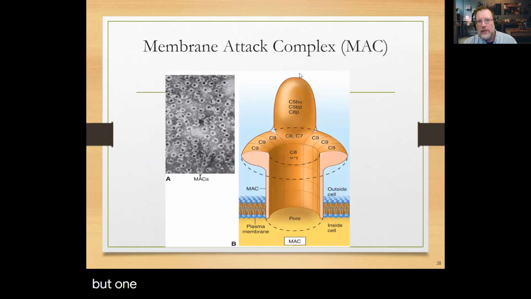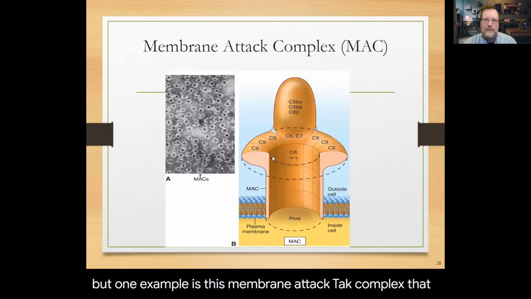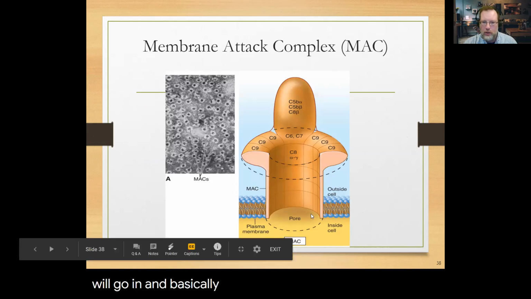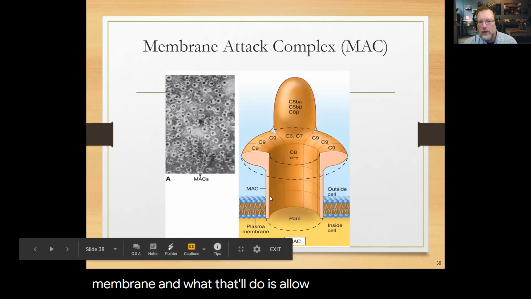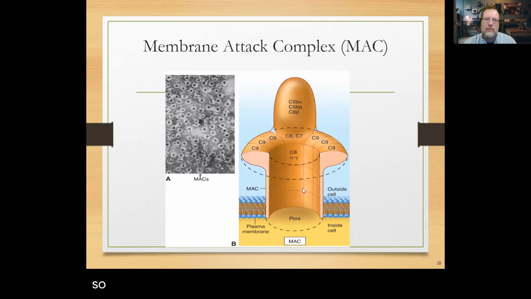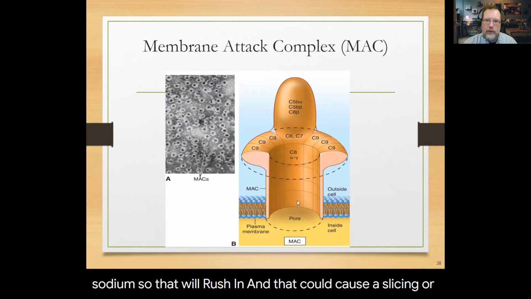But one example is this membrane attack complex that will go in and bore a hole into a microbe membrane, and what that'll do is allow for sodium, for instance, to rush in. And then remember, water always follows sodium, so that will rush in, and that could cause lysing or rupturing of the cell.